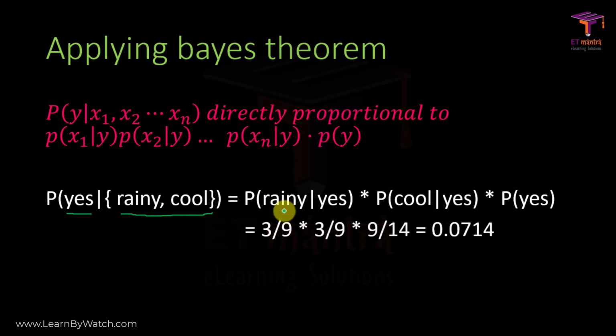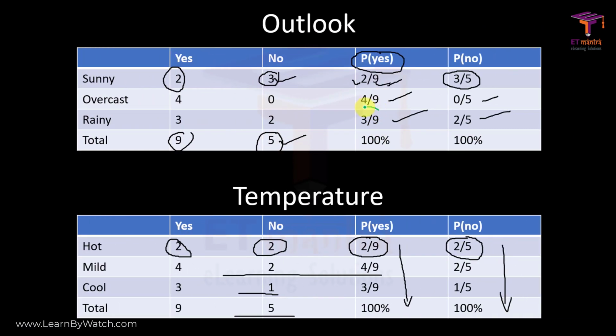In the next step, I have just plugged in these values from the table. How do we get 3 by 9? Let's look at our table. This is the probability that it is rainy given yes, so that 3 by 9 comes from here.